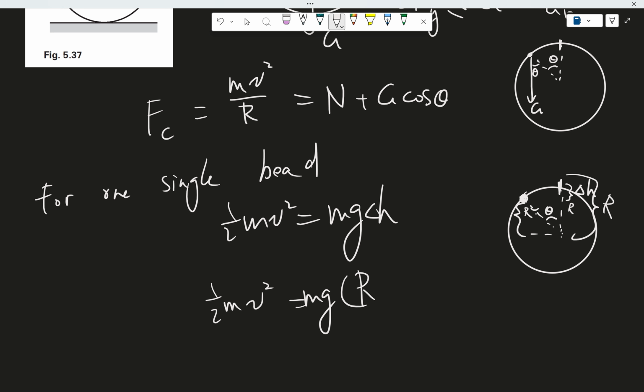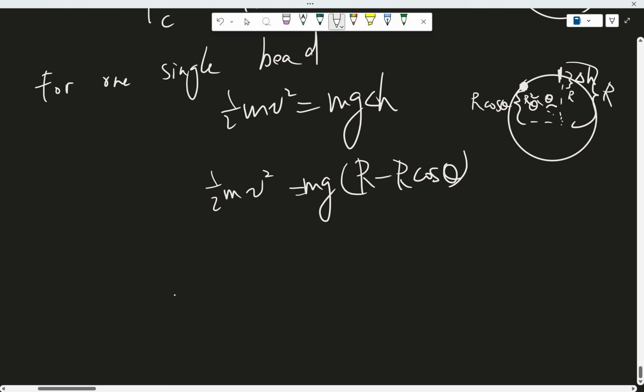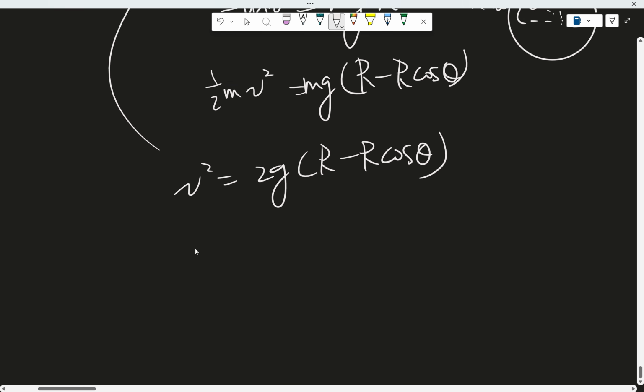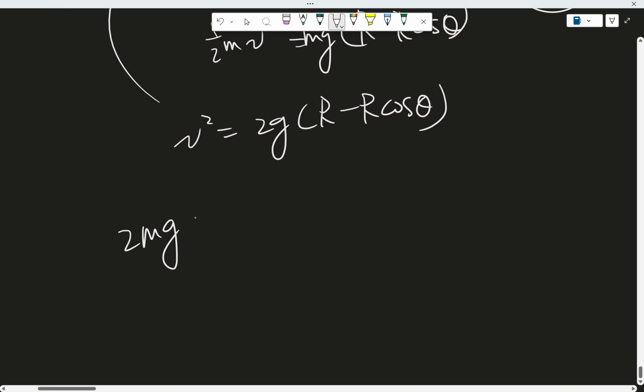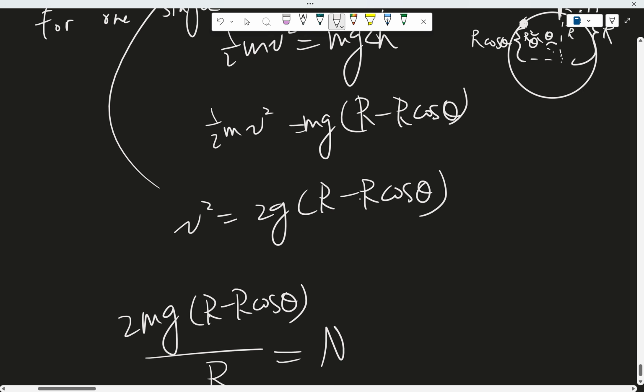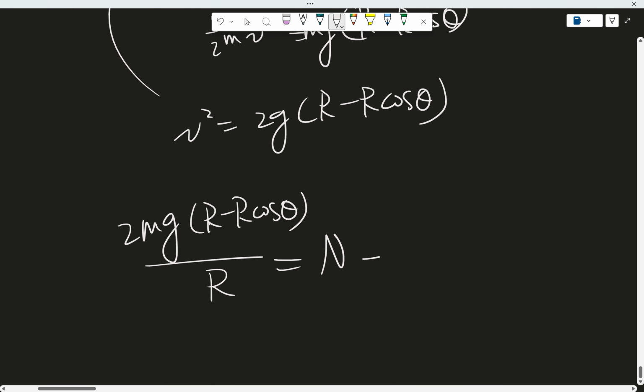Using trigonometry, this is theta, so this should just be r cosine theta. And so delta h is r minus r cosine theta. And so this is the conservation of energy. And so v squared is 2g times (r minus r cosine theta). And plugging this back into the expression, we get 2mg (r minus r cosine theta) over r equals N plus mg cosine theta.